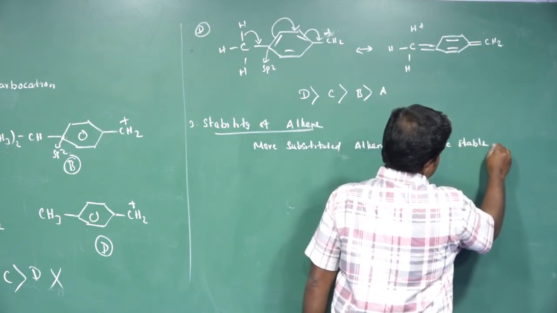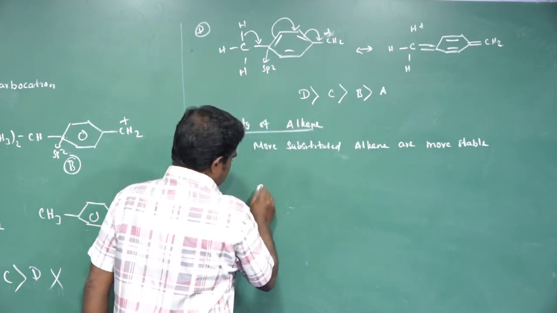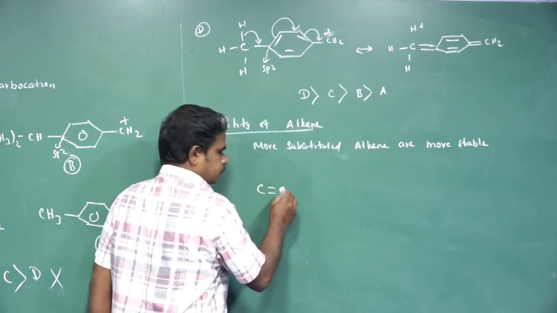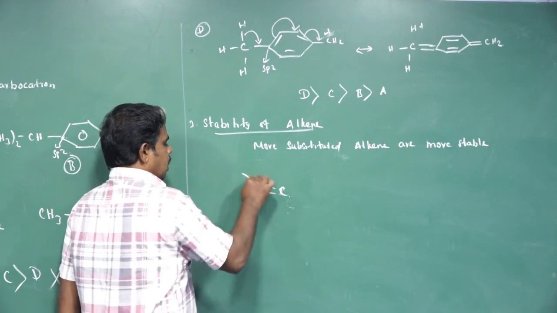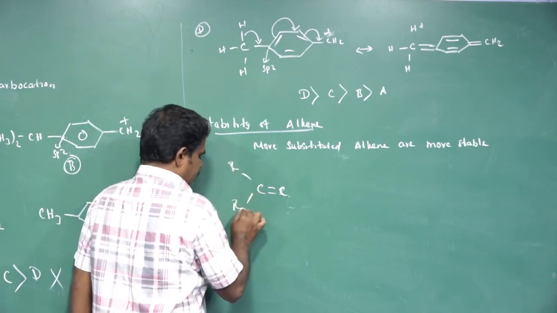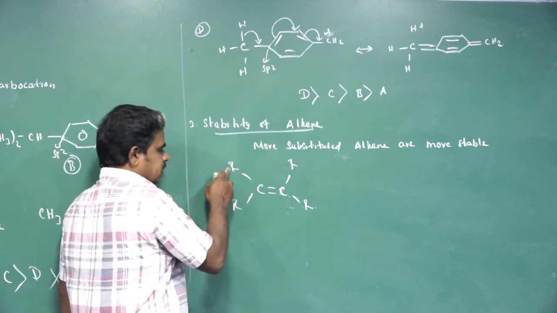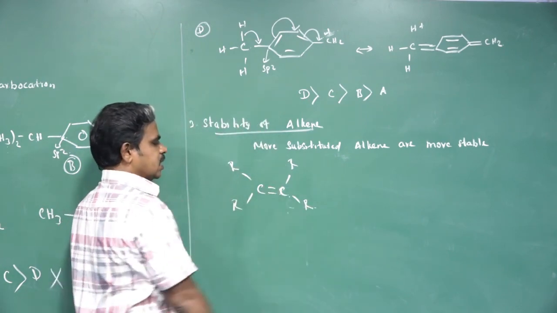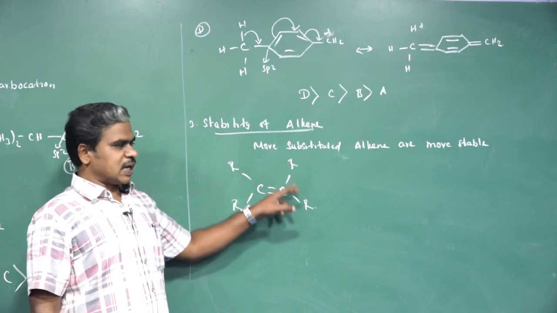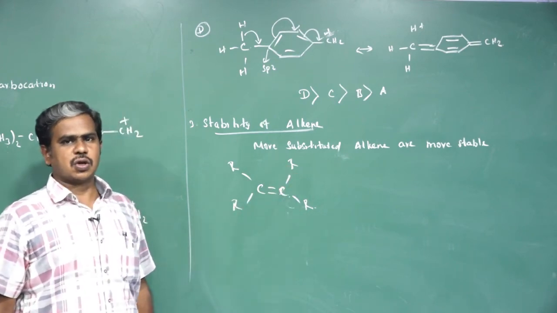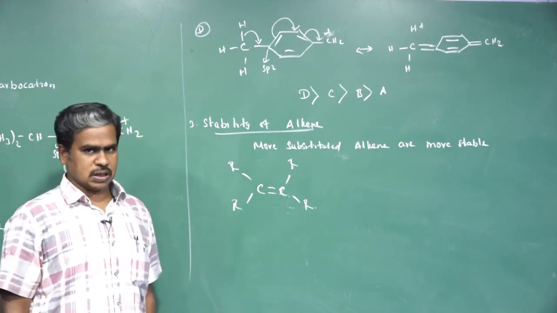If you take a carbon-carbon double bond with all four substituents being alkyl groups, here CH3, CH3, CH3, CH3, that is 3, 6, 9, 12. So 12 hyperconjugative effects are possible, so it is more stable.